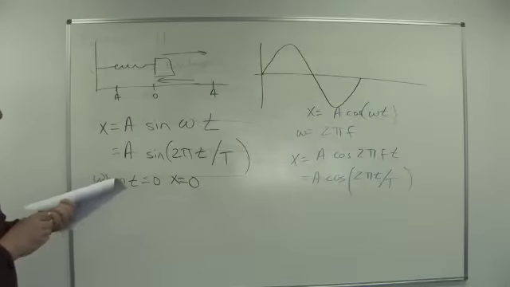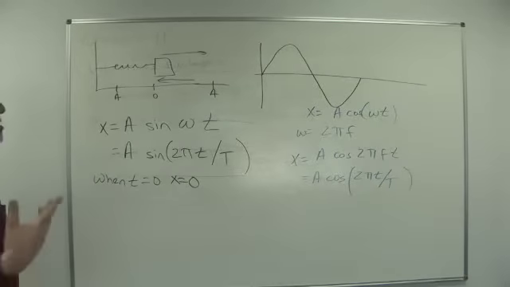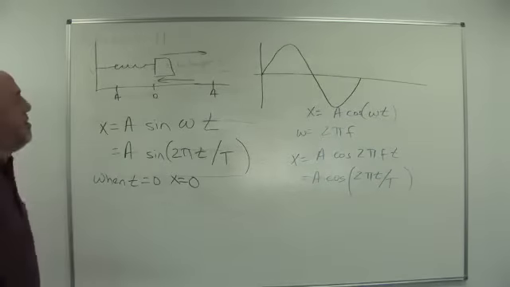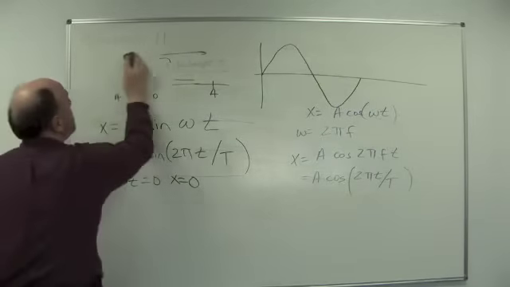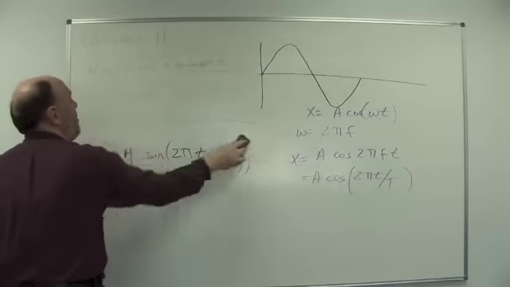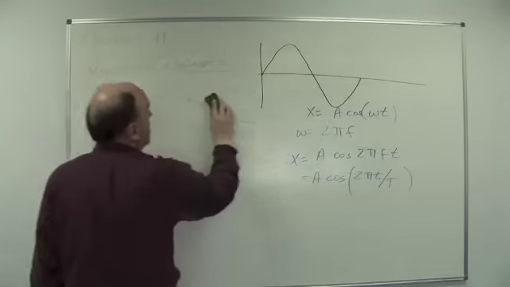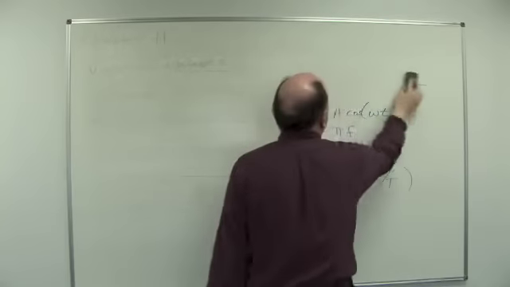So if you think in terms of something that goes back and forth, we can look at a pendulum. Think of a grandfather clock, with that pendulum that goes back and forth and back and forth.